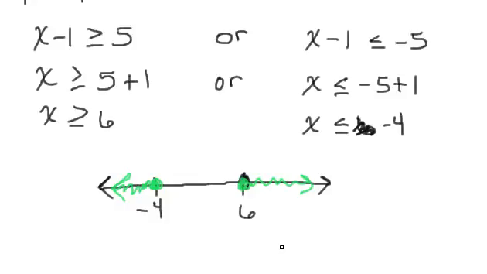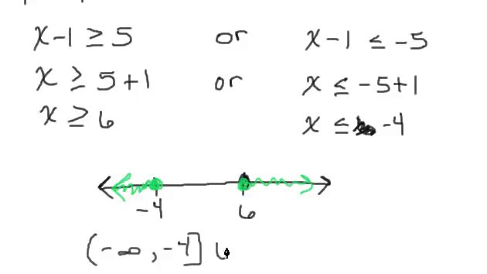Alright, well let's go ahead and write out our interval. So it's going off to infinity to the left, it's supposed to be an infinity symbol. So negative infinity to negative 4. We got a solid dot here, that means we include it. Okay.